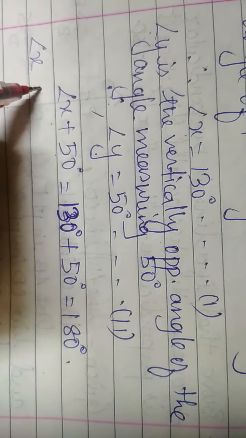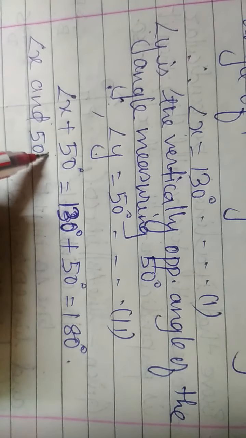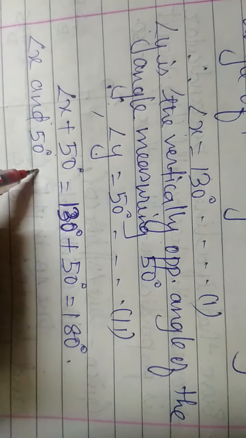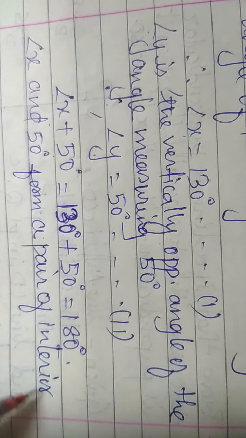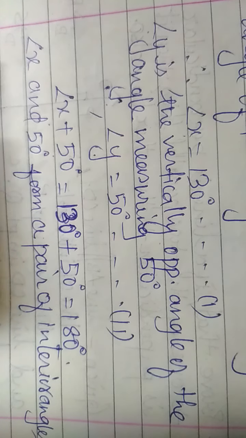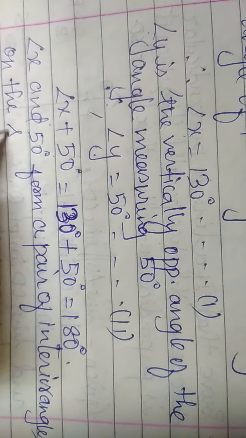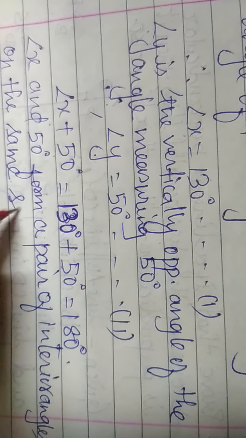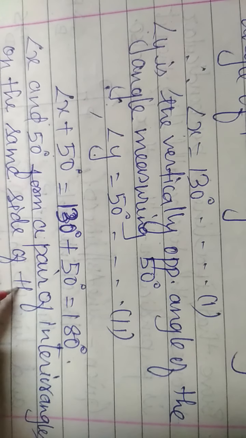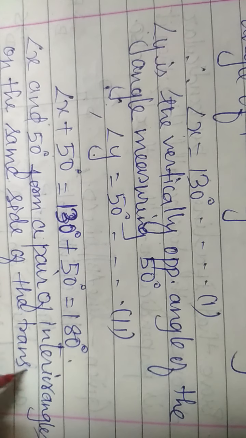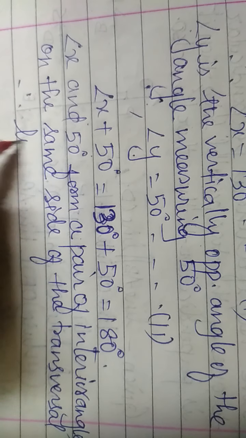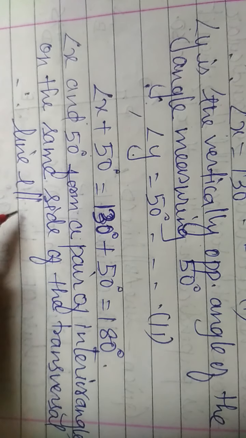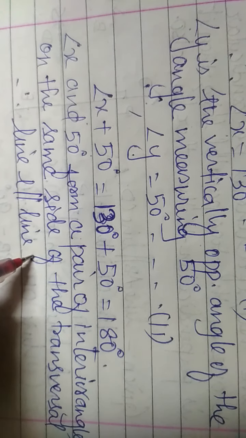That means angle X and 50 degree, they are forming a pair of interior angles on the same side of the transversal. That means we reached our proof, that is, therefore line L is parallel to line M.